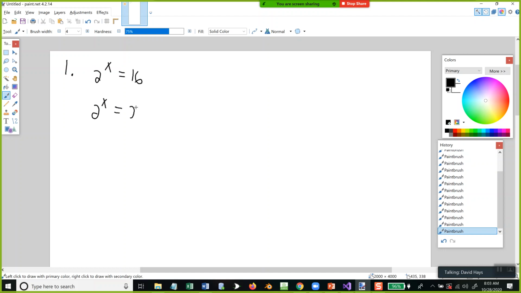Well, 16 is 2 to the fourth. What the equality of exponents says is if you rewrote both of them as 2 to a power, then the 2's will cancel, and you set the exponents equal to each other. So my answer would be x equals 4. Like I say, a very simple idea, but not so simple to get it in the right form sometimes.